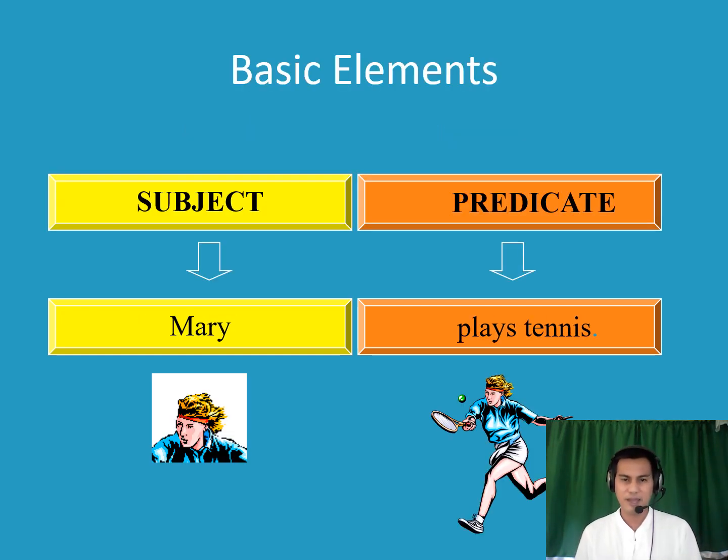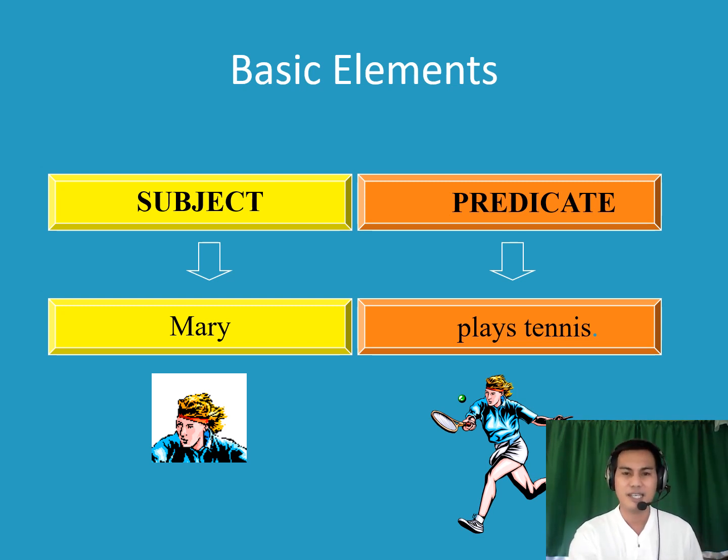Now, for example, here we have: Mary plays tennis. That's the whole sentence. The subject is Mary. It's that woman that is being talked about in this sentence. And then, of course, the predicate is plays tennis. That's the whole thing that is being said about Mary.